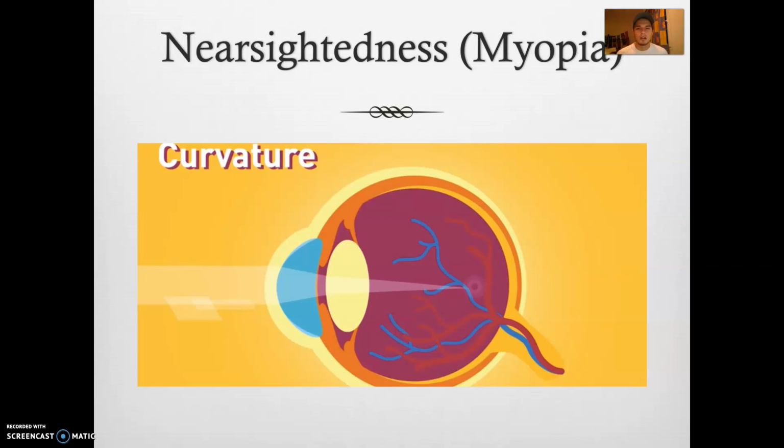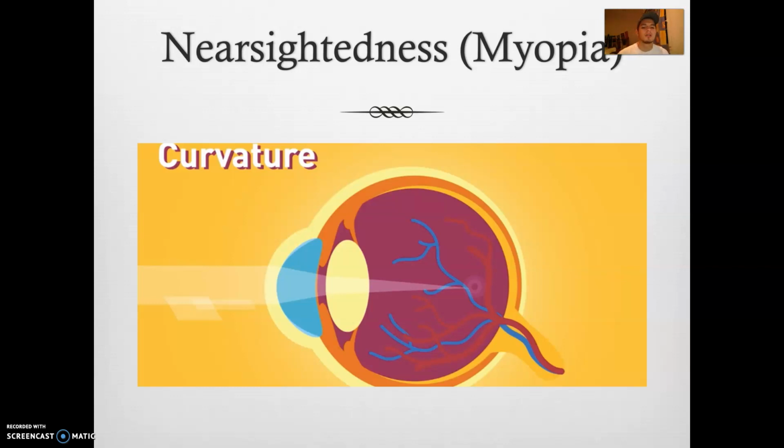This can also be caused by your eye size, maybe your eye is stretched too long along the x-axis, or maybe due to the curvature of the cornea or the retina. So these are all problems which affect almost half the population on Earth, combined with nearsightedness and farsightedness.